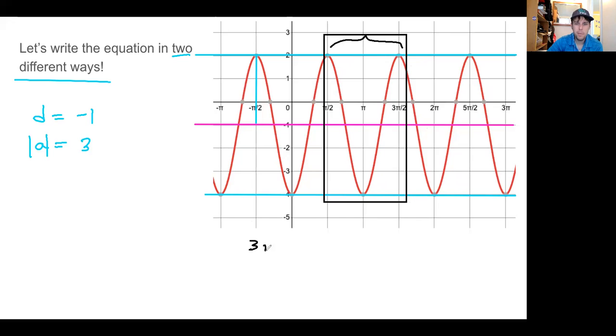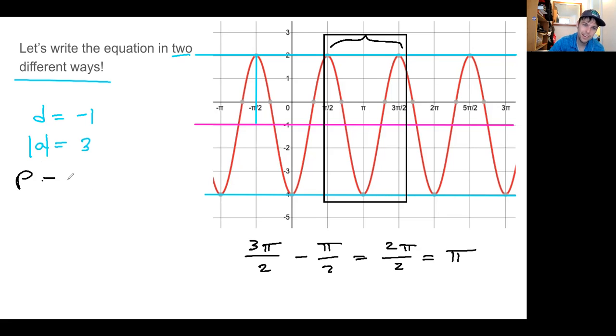To find my period, I can take the ending point minus the beginning point, which is 2 pi over 2 or pi. So in this case I had a period of pi again. Remember, that means that b equals 2. Keeping b to be a small, reasonable number is pretty common.